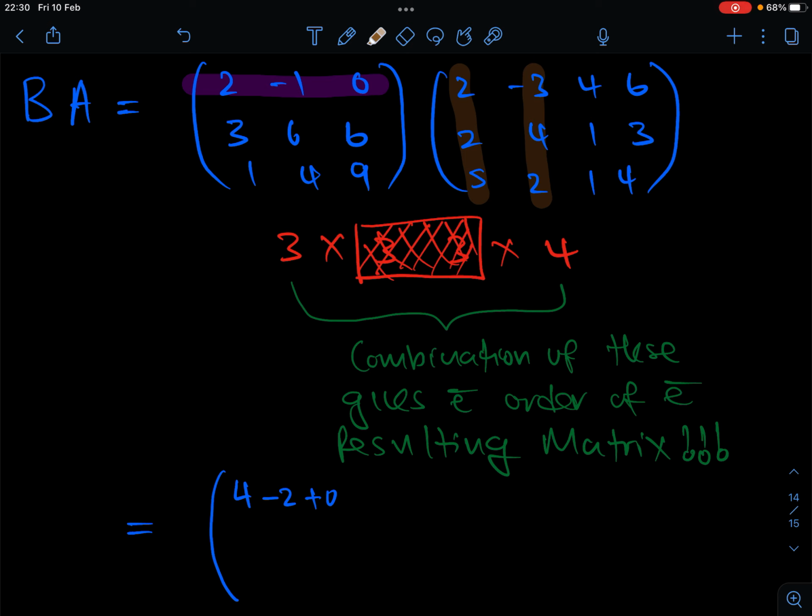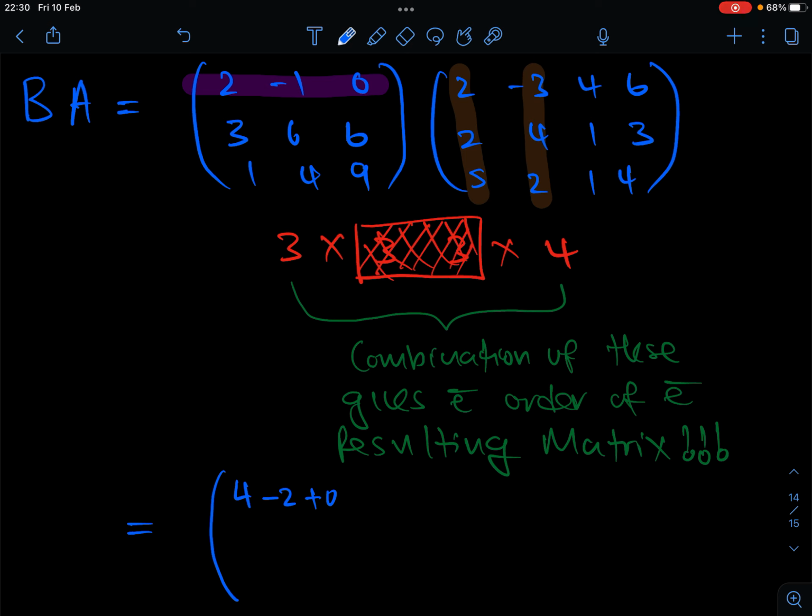Now, since I'm holding row number 1, the solution that I should get must also lie in row number 1. And since I'm fixing column 2, my answer will also lie in column 2, which means it's going to be at the top, coming next to what we have calculated. So I'll repeat the same procedure again, but now using that second column.